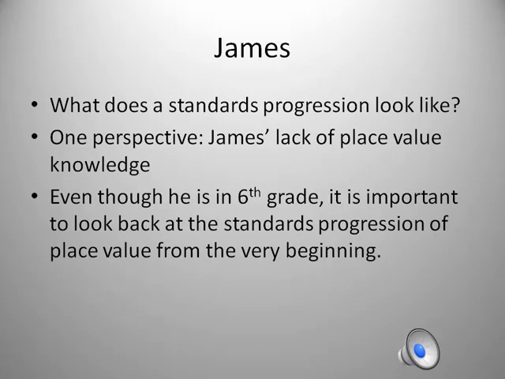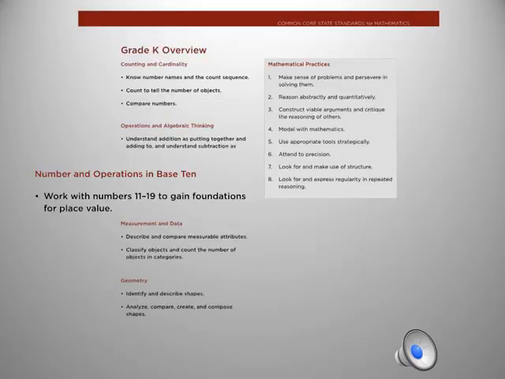It is likely that James is missing fundamental components of place value. So let's discuss the holes in his thinking in a way that helps teachers see how place value builds on itself and then apply that to James. Beginning in early grades, students are expected to compose and decompose numbers from 11 to 19 into 10 ones and some further ones by using objects or drawings, and record each composition or decomposition by a drawing or equation.